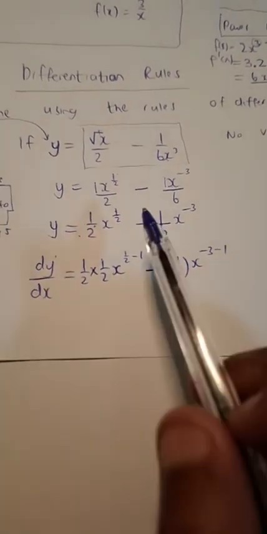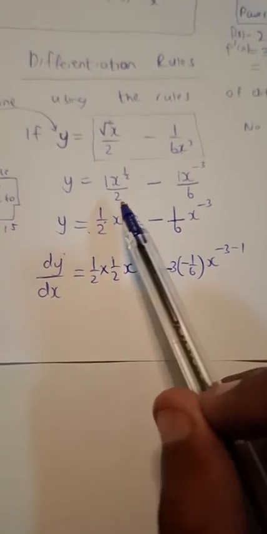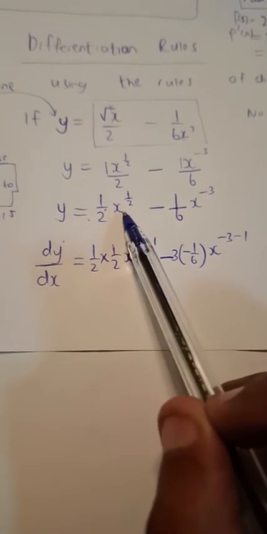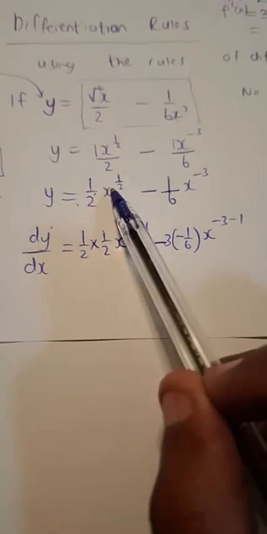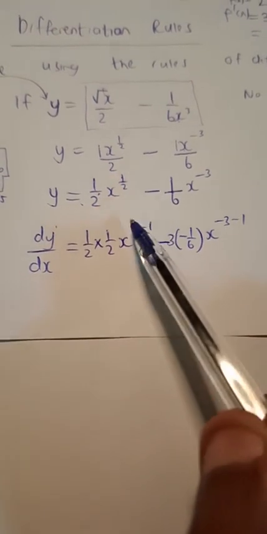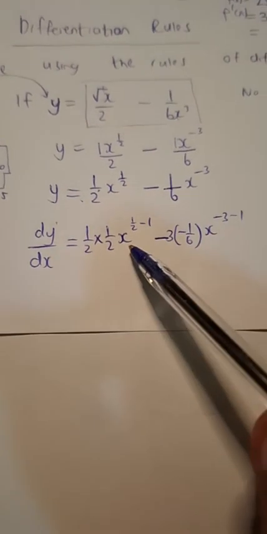So what did I say, guys? I said the exponent gets multiplied with the coefficient of the current term, which is a half. Then the x is retained, gets raised to the power half, but then we always subtract 1 from that exponent.